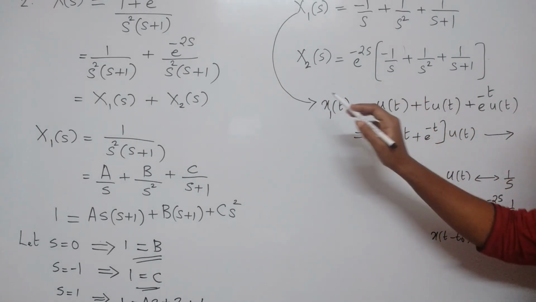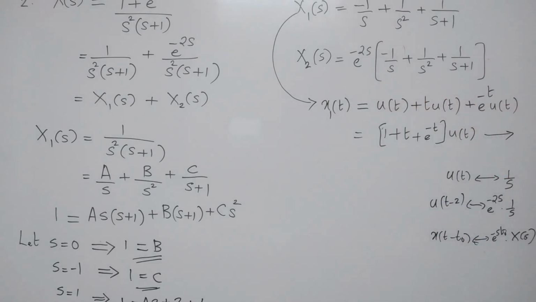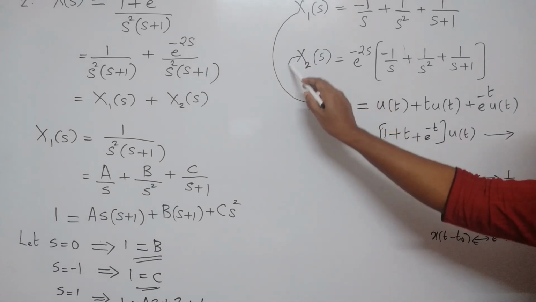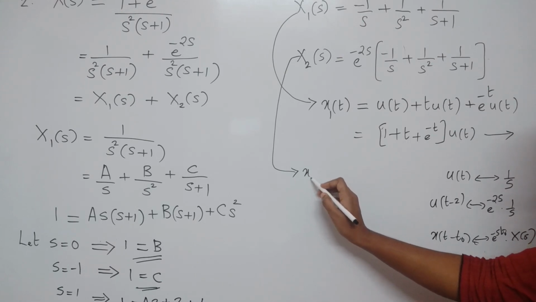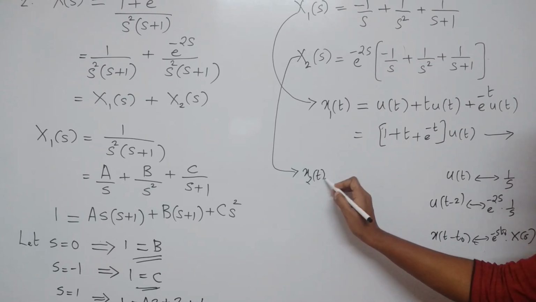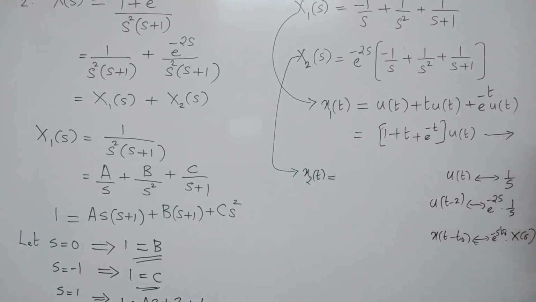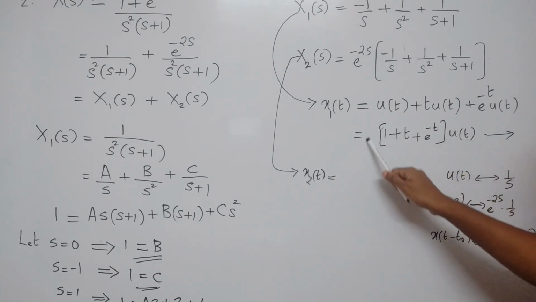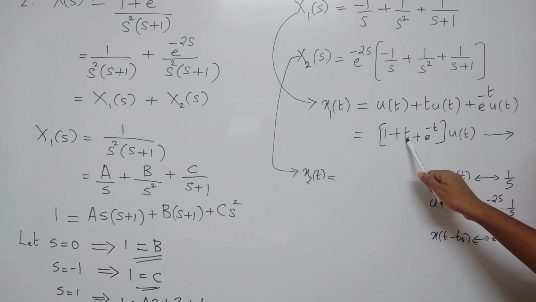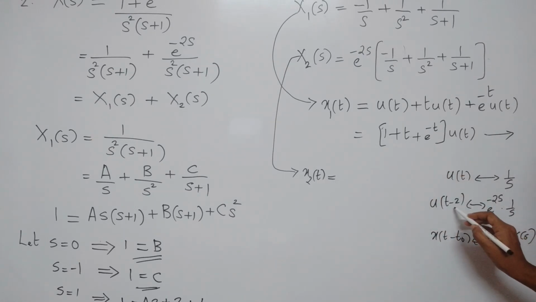So when I write down the inverse of X2 of s, if I am going to write X2 of t, it will be the same thing, but all t should be replaced by t minus 2.